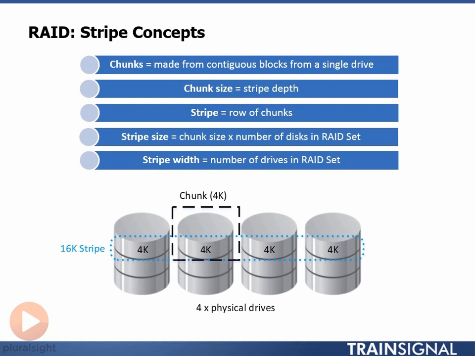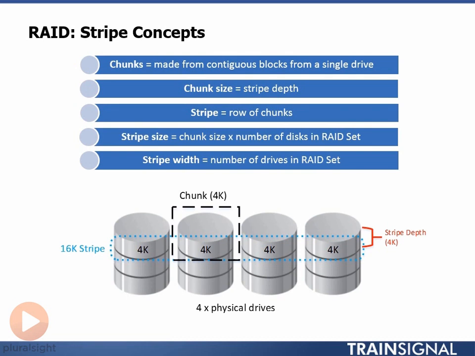If our RAID group had contained 5 drives, each with a chunk size of 4K, our stripe size would have been 20K. And as we can see, our stripe depth is also 4K. So if a stripe is made up from a single chunk on each drive in the RAID set, and this is very often the case, then the stripe depth is equal to the chunk size. One last point to note, the term stripe width refers to how many drives are in our RAID set. So for our example RAID set, our stripe width is 4.